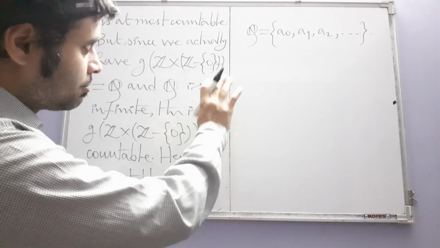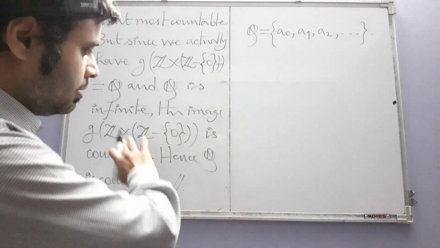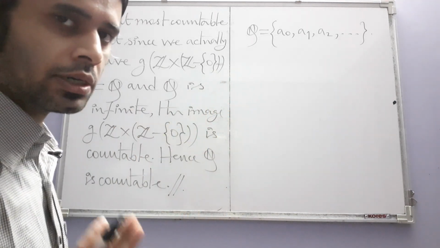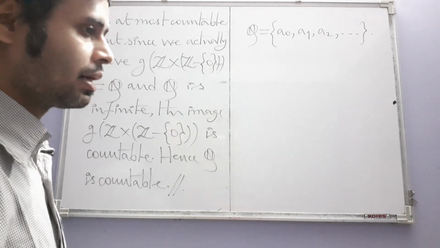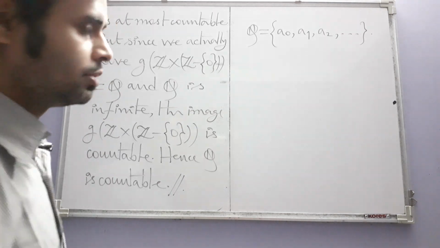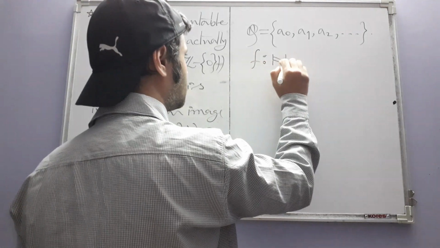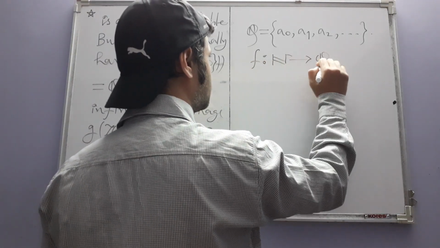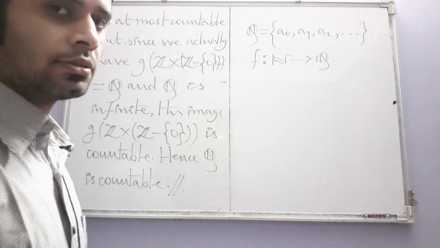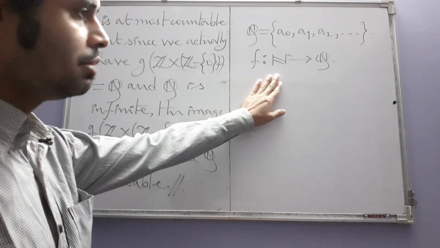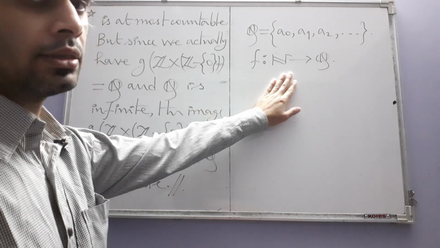Now, we have found this fact indirectly through some results. But if one asks us to actually produce a function that is a bijection, then it's not impossible, but it's a very difficult task.